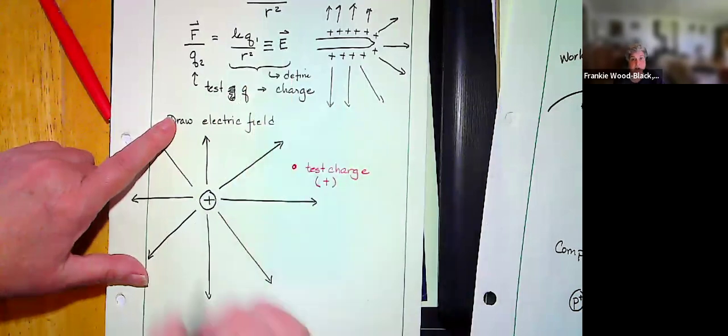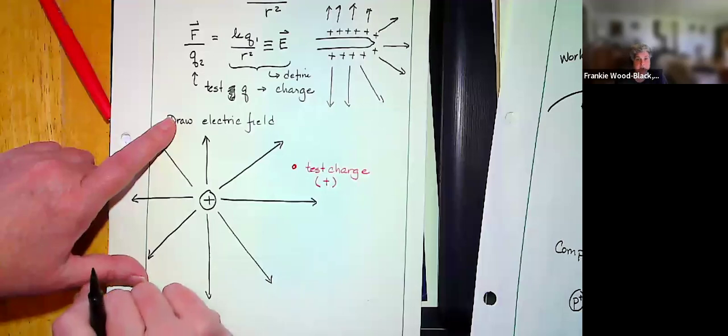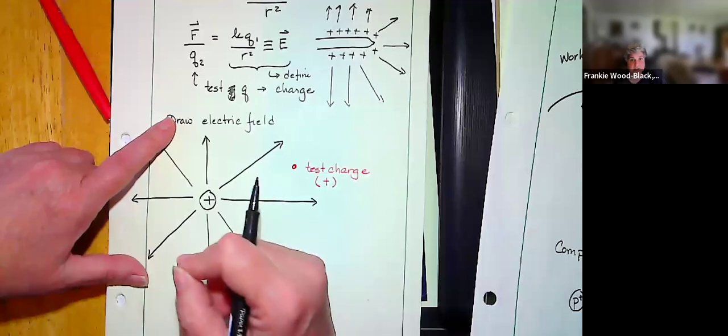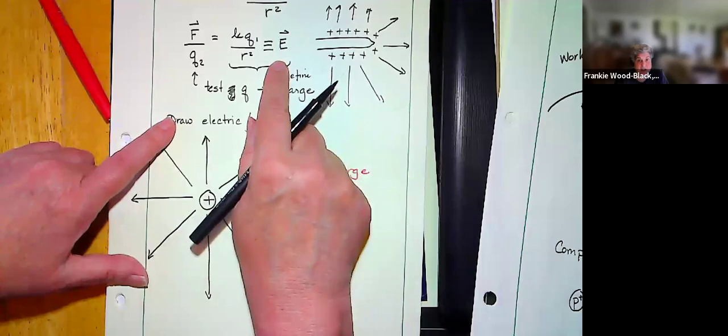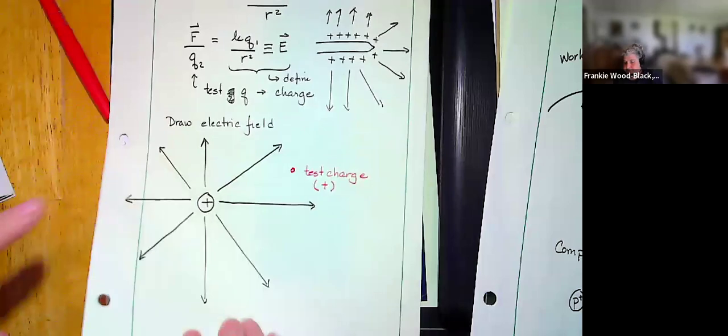I can measure electrical potential. I can infer an electric field from electrical potential, but to actually measure an electric field, it's a little hard. It's not something we can do.